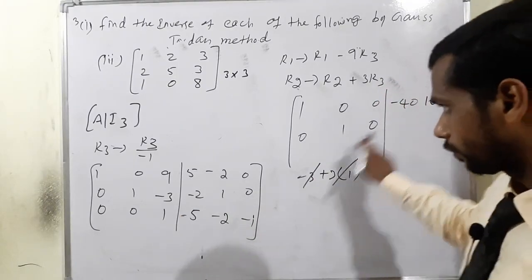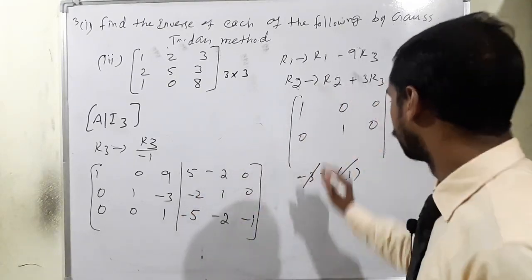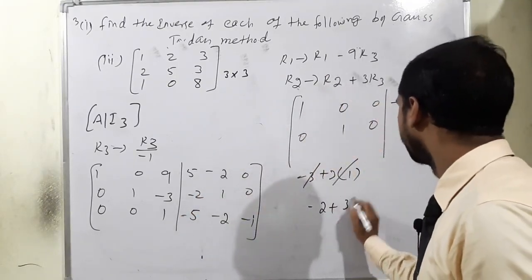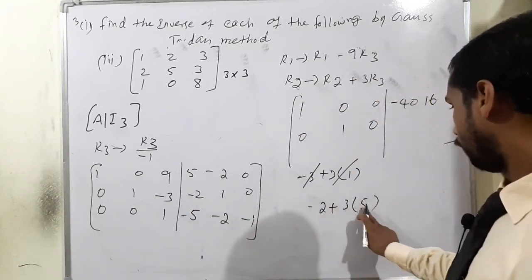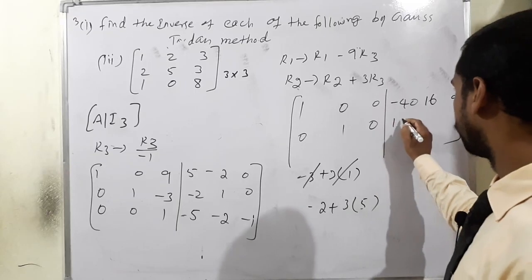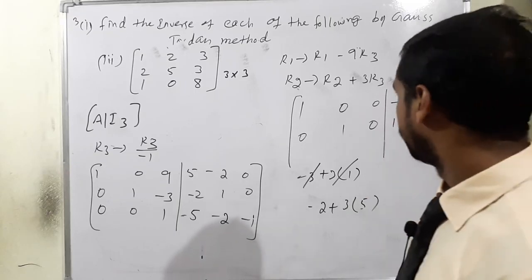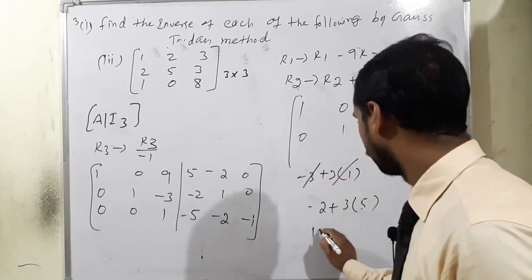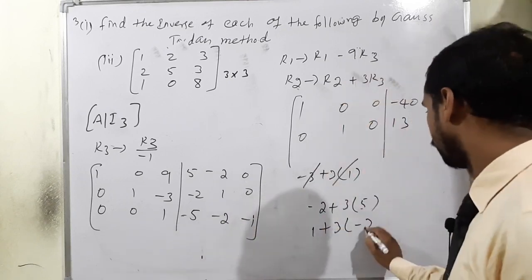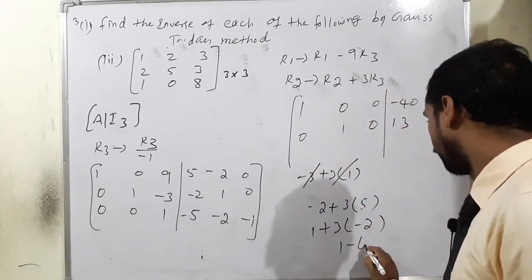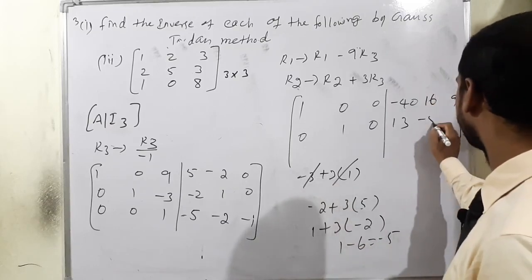Then added it minus 2 plus 3 into R3 value positive 5. Therefore 3 5s are 15. 15 minus 2 is equal to 13. Then next condition R2 value 1 is there. 1 plus 3 into R3 value minus 2, isn't it? Therefore 1 minus 6 is equal to minus 5.